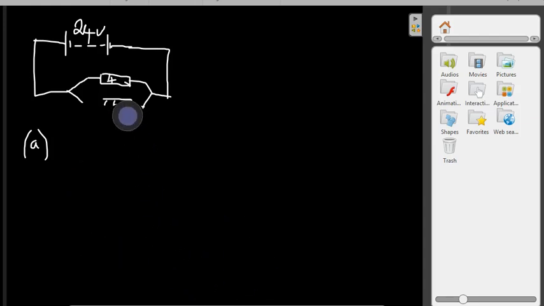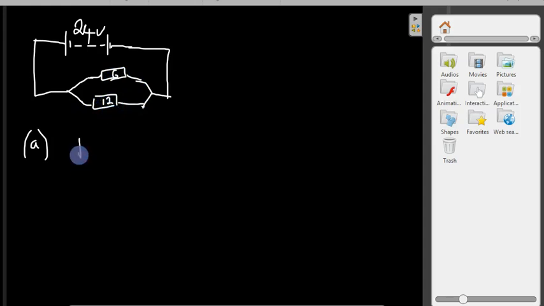So the two resistors are, the one on top is 6 ohms, and the one below is 12.